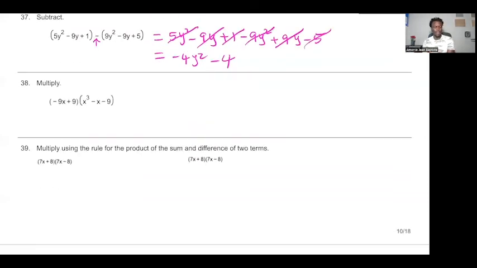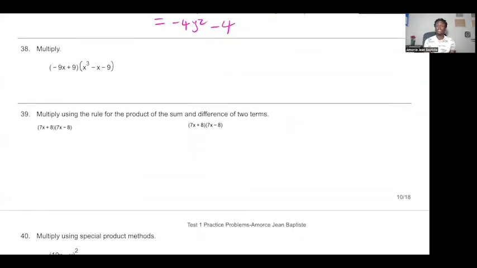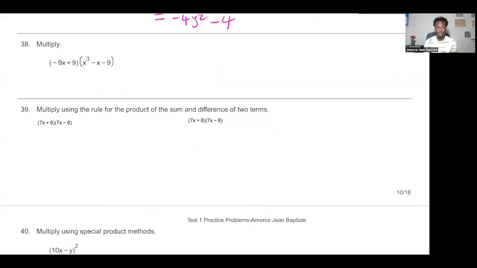Next problem here, we have to multiply two polynomials, but one is a binomial and the other one is a trinomial, right? So to do that, we're going to think about distribution. So first, let me take the first term of the binomial that will multiply by every term of the trinomial. And same thing will happen here with the second term of the binomial.